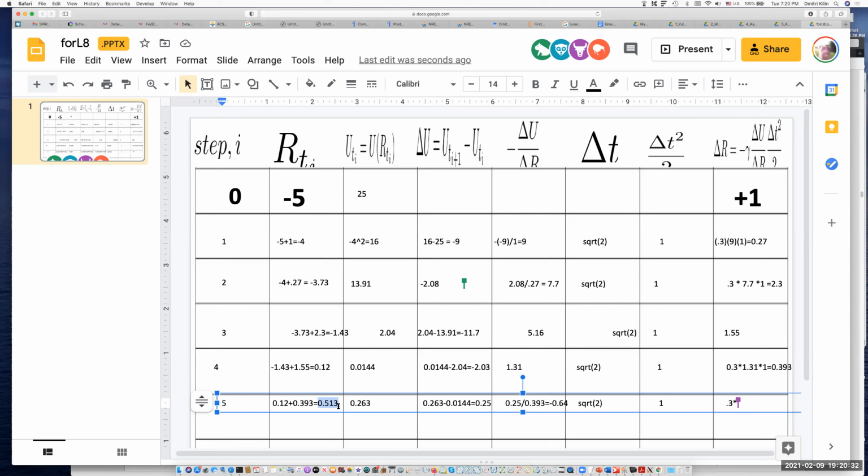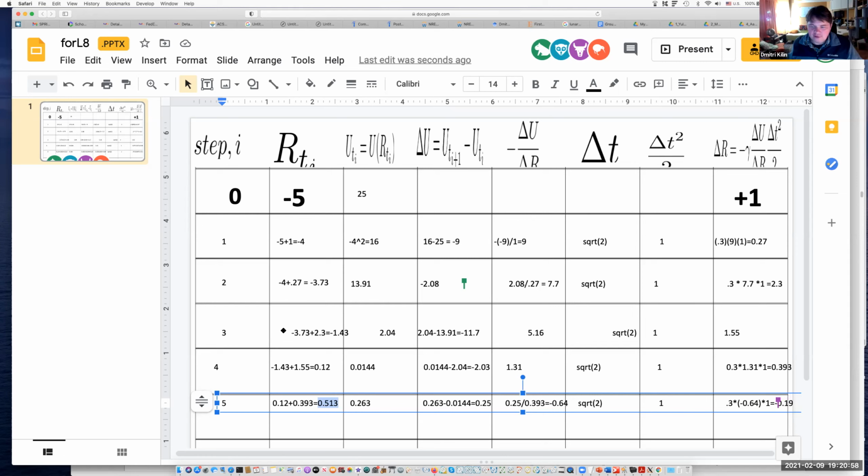Minus 0.19. And the sign should be negative, right? Negative. Yeah, negative.